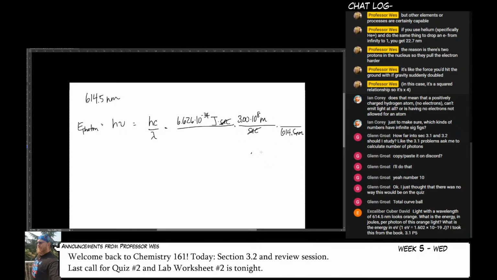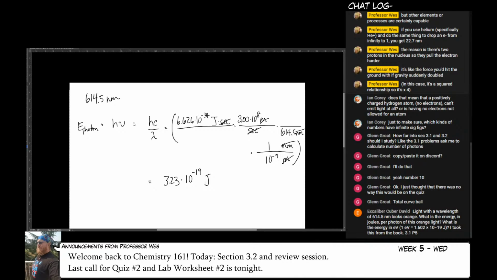These units don't cancel out, so I'm going to have to multiply by another term to get my nanometers and meters to cancel out. So 1 nanometer is 10 to the minus 9 meters. Those 4 terms multiplied together, divided by 614.5 times 10 to the minus 9. When I put all this in the calculator, the energy I get is 3.23 times 10 to the minus 19 joules.